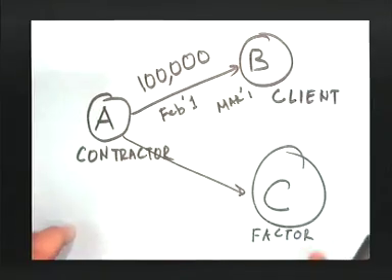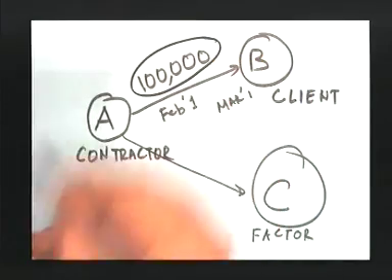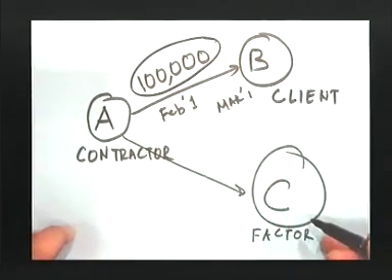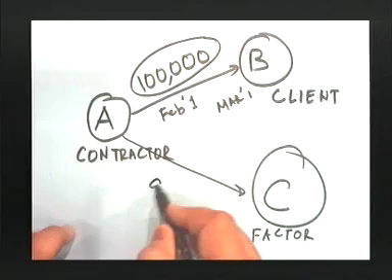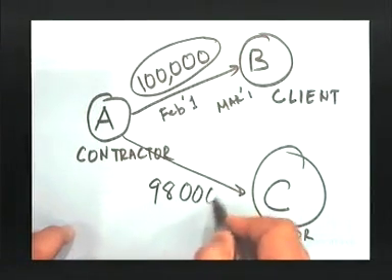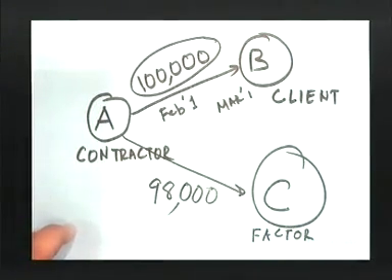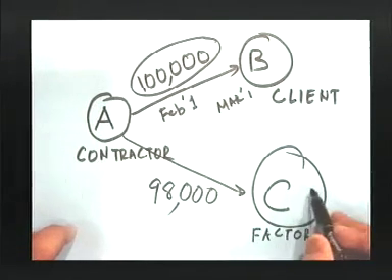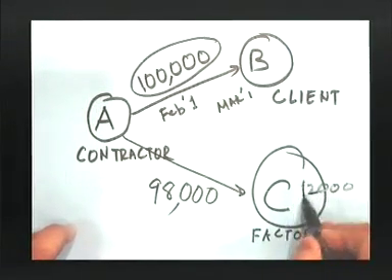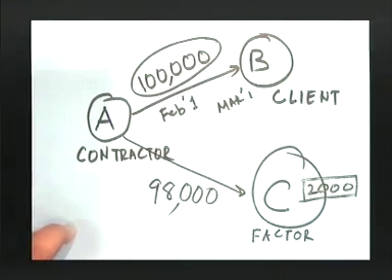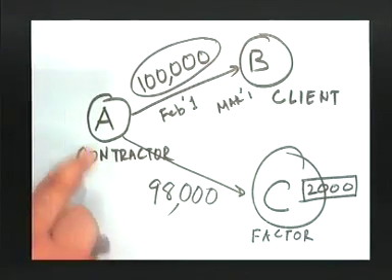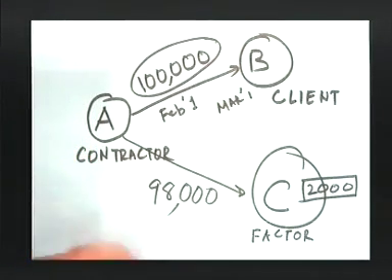So, it contacts factor C and sells this invoice or bill to him, and maybe gets an amount of 98,000. That means factor C has charged rupees 2,000 as commission. Although contractor A is getting 2,000 rupees less, he is getting it very quickly.